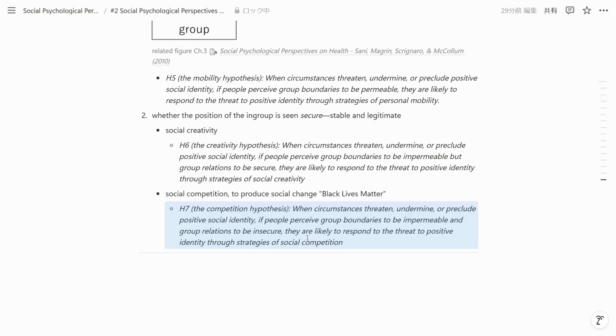And when the position is insecure, then you go for social competition. You basically make a movement so that you can change the current situation or the standing of your group. By doing that, you try to restore the positivity of your social identity.